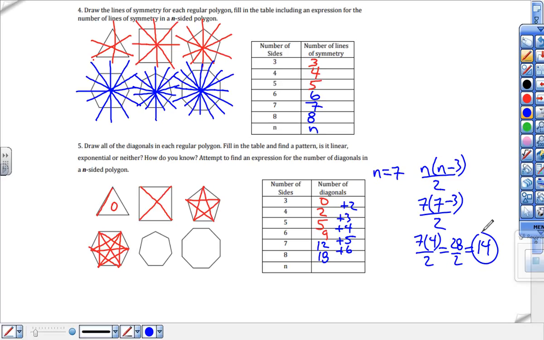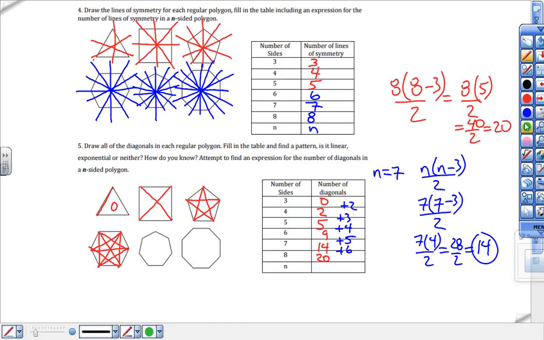Oh, I'm sorry. I added that incorrectly. 9 plus 5 is 14, so that was accurate. Sorry about that. And then 8 should be 20. Let's double check. That 8 has 20 diagonals. So plug in 8 into that formula. Gives me 8 times 5, which is 40 divided by 2, which is 20.